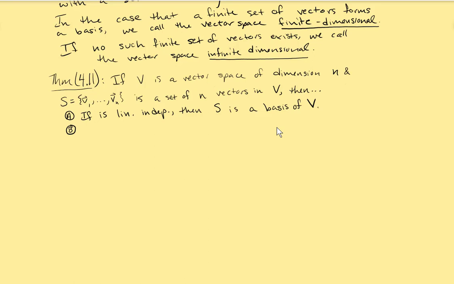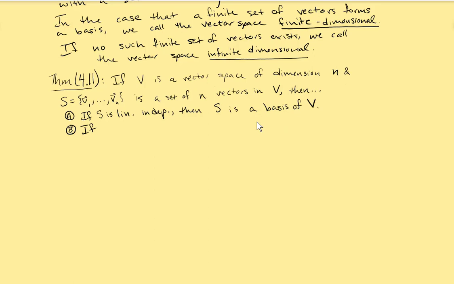Part B of this theorem is just going to say the other half of this puzzle works the same way. Oops, messed up here. Let me fix this. We should say if S is linearly independent, then S is a basis. If we know we have the right number of vectors, all we need is to know they're linearly independent to know we have a basis.